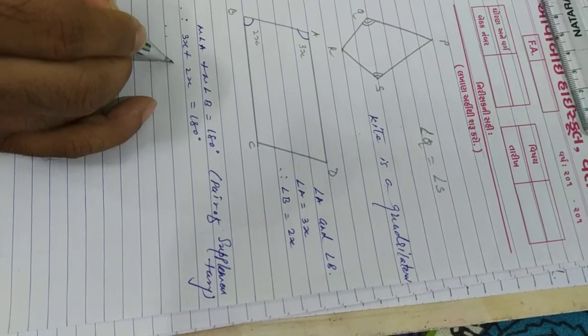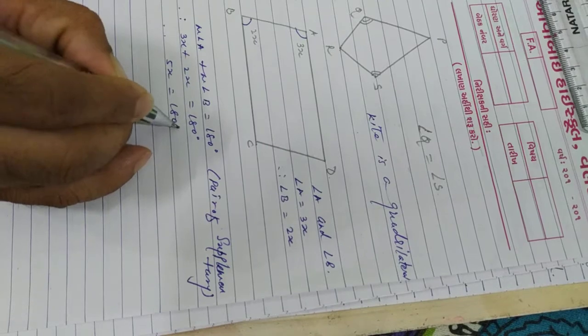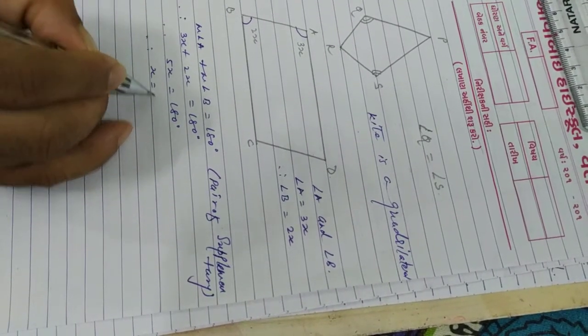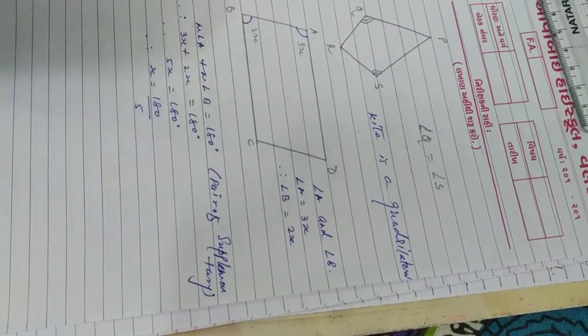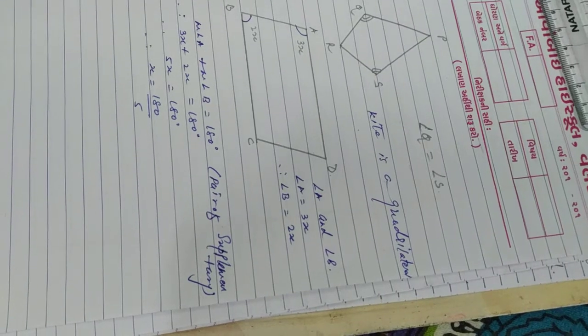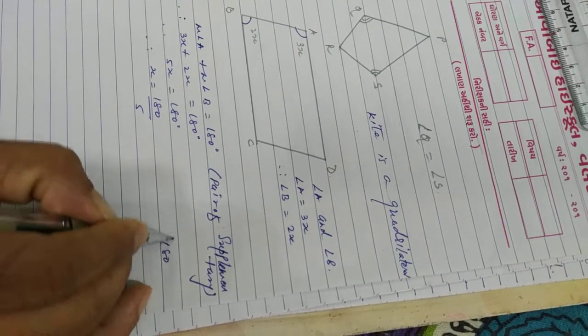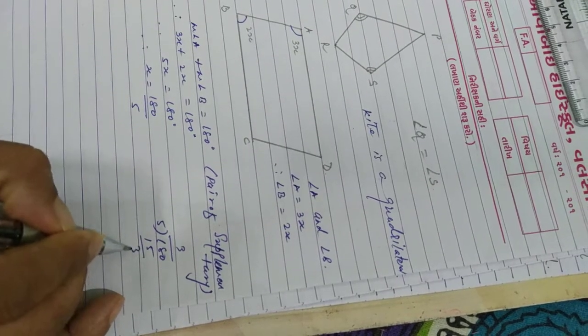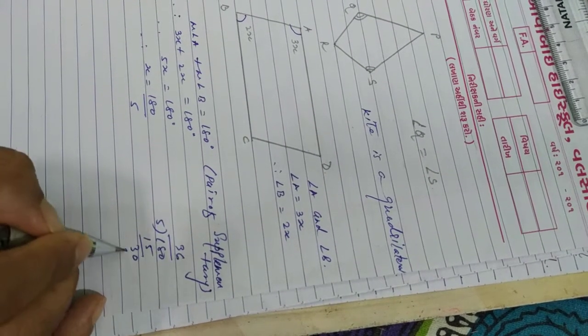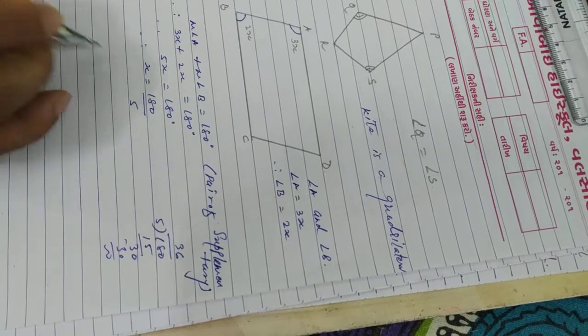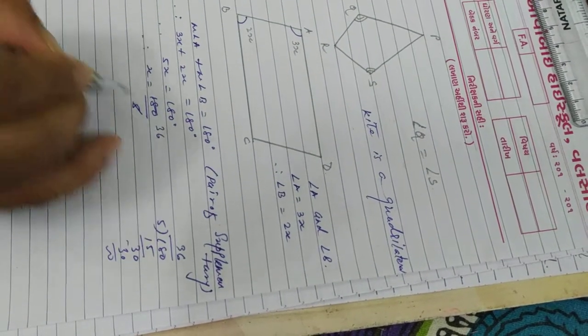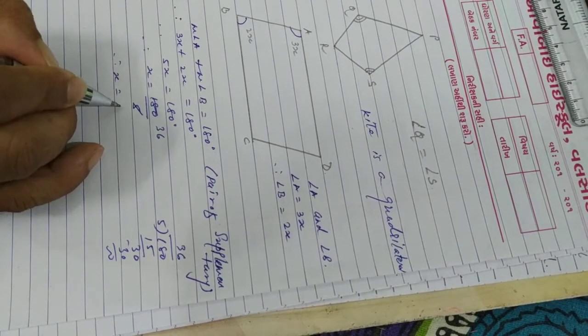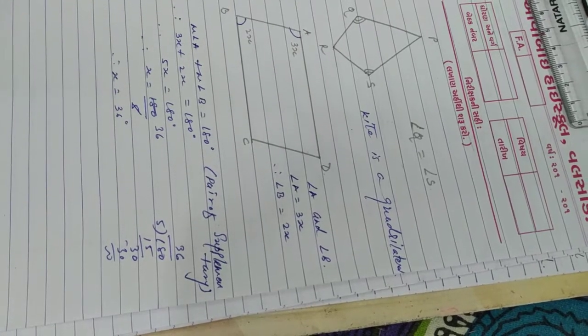Therefore 5x is equal to 180 degree. Therefore x is equal to 180 upon 5. 5 threes are 15, so 3, 0. 5 sixes are 30. So 5 times how many is 36? Therefore x is equal to 36 degree.